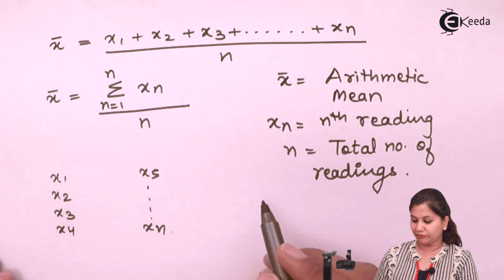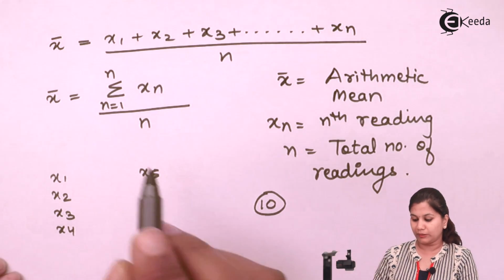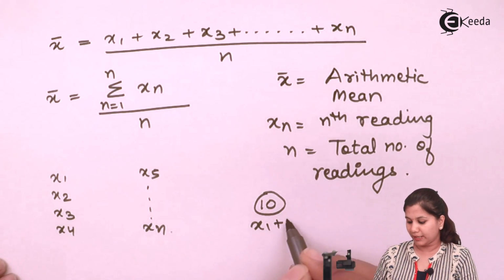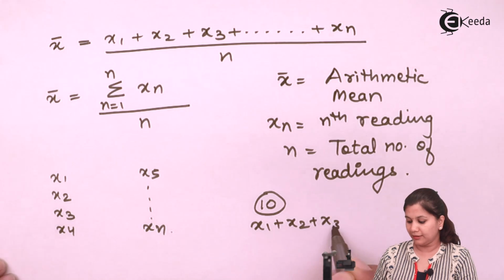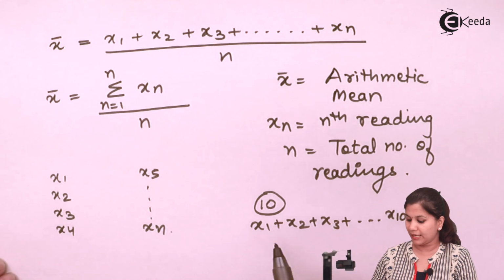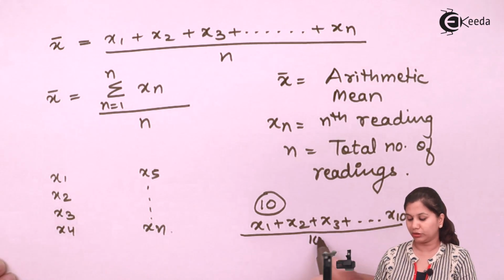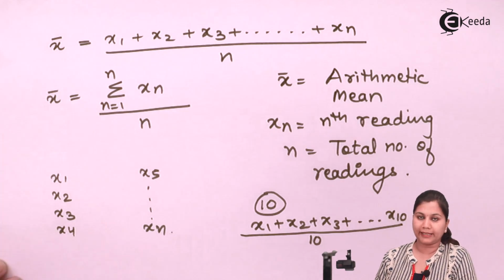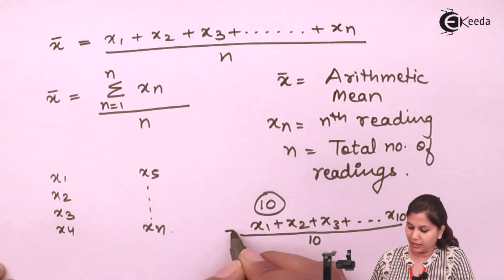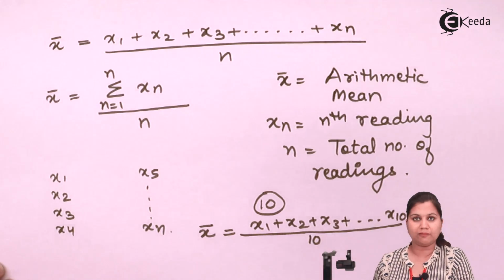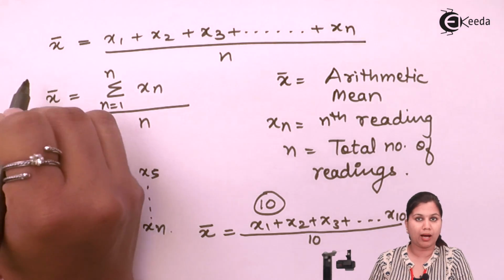Suppose that we have taken 10 readings, so it will be x1 plus x2 plus x3 till x10. Dividing the sum of all these readings by the total number of readings, that is 10, gives us the arithmetic mean, which is represented as x bar.